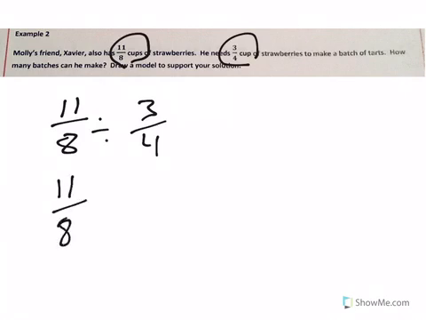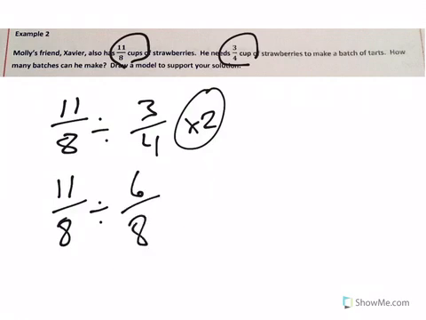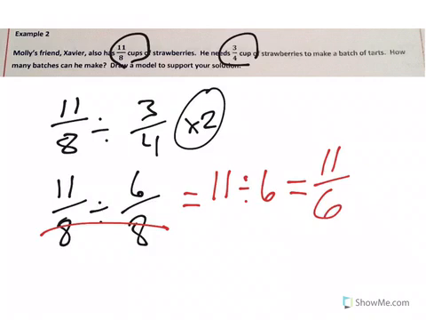11/8 would obviously stay the same. If I use magic number times 2, 3 times 2 is 6, 4 times 2 is 8, and now we have 11/8 divided by 6/8. If we can get to a point where we're dividing and we have common denominators, this can eliminate itself, and what you end up with is 11 divided by 6, which is the same as 11/6. 6 goes into 11 one time, which would equal 6.